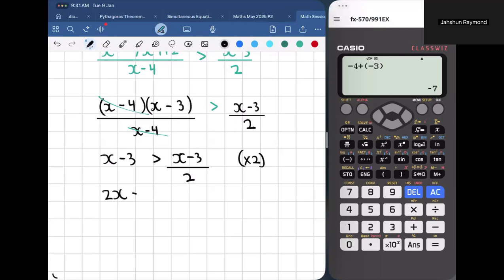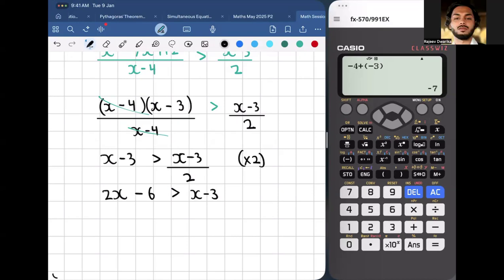Negative 6. Yes, and the 2's will cancel off. So what would I write on the right-hand side? X minus 6.